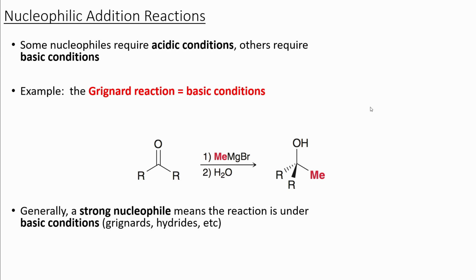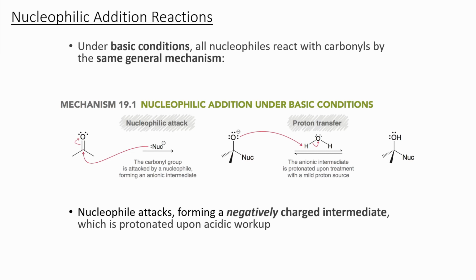The example that you've already seen in basic conditions is the Grignard reagent. The general mechanism in basic conditions will more or less look this way for all nucleophiles. Our first step is going to be nucleophilic attack, and once nucleophilic attack occurs, the electron density of the carbon-oxygen pi bond will move up onto the oxygen and create a negatively charged intermediate on the oxygen.